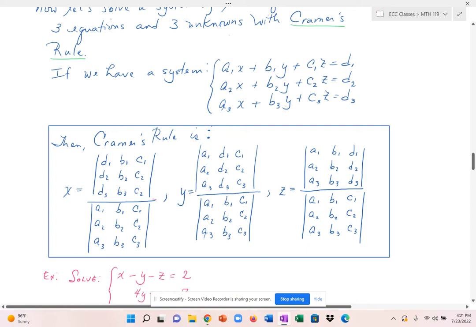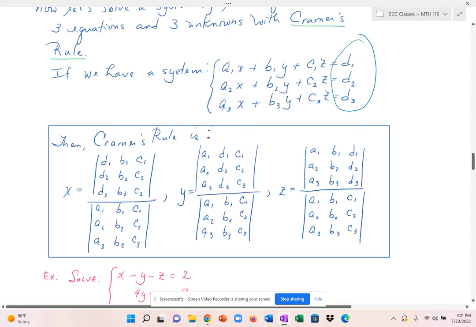Now, in the numerator, whatever variable you're solving for, you're going to replace that column with the constants. So here, if I'm solving for x, instead of having a's in column 1, I'm going to have my constants, which I'm calling d's, in column 1. And column 2 and 3 will be the same as what's below.